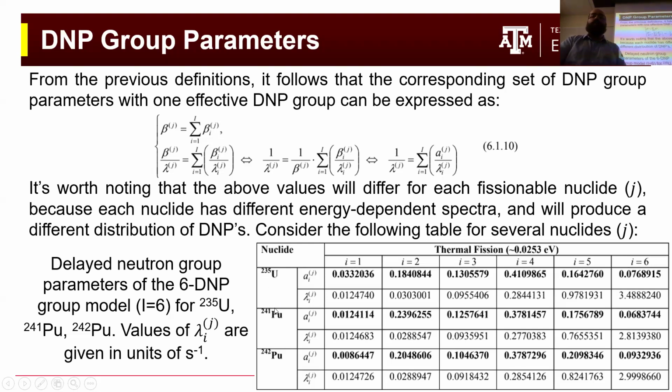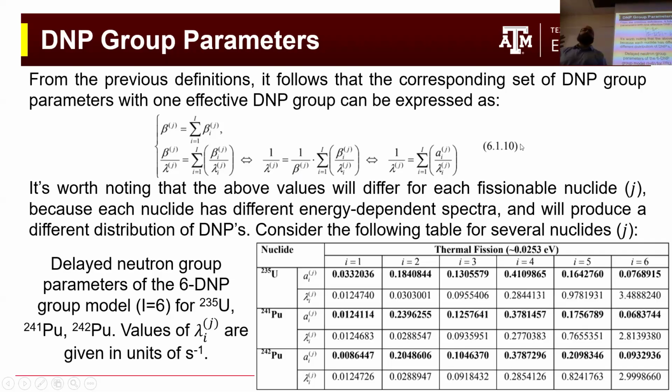If it's uranium 235 or plutonium 241 or plutonium 242, then we have different lambdas and abundances. And if we have a 6 delayed neutron group or multi-group model, we can lump everything together as one effective delayed neutron precursor group using these equations right here.